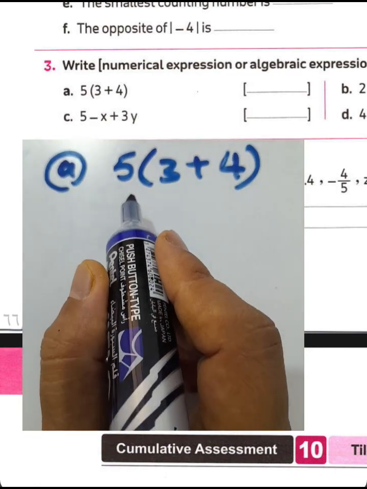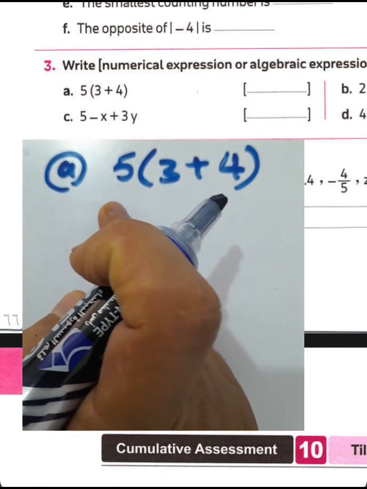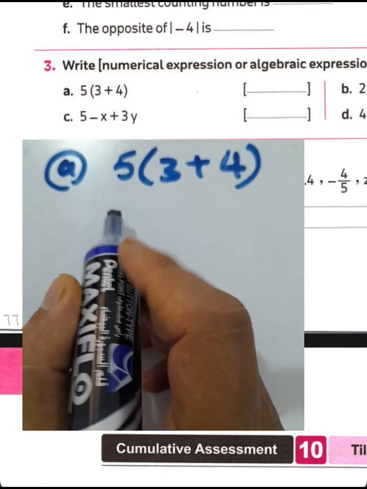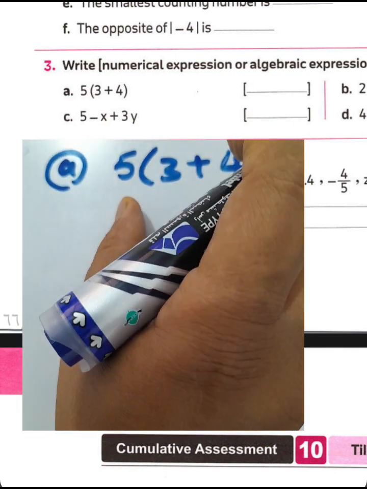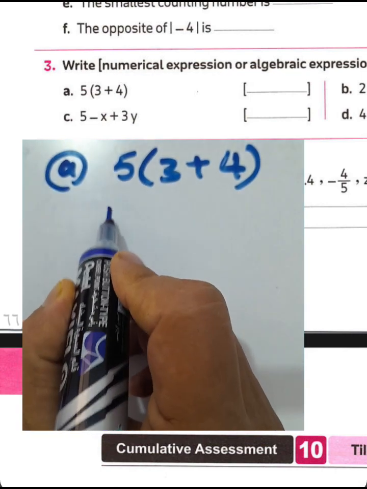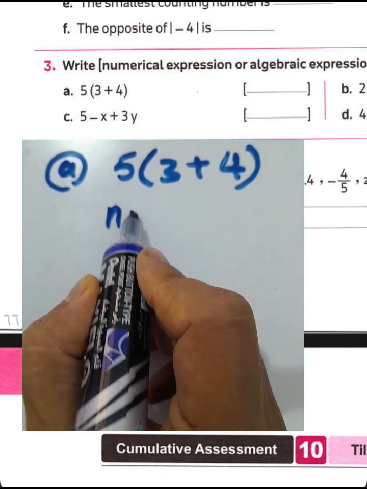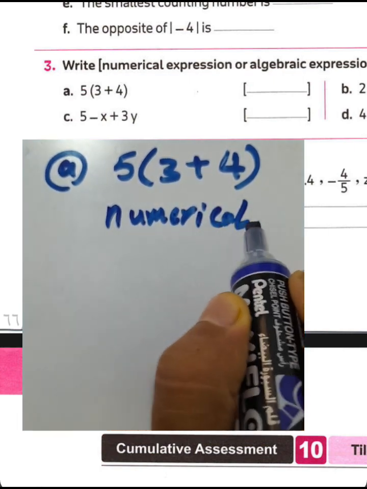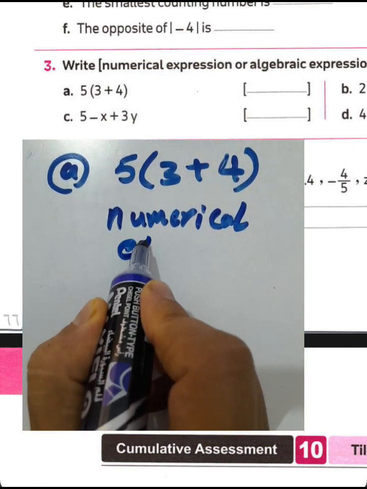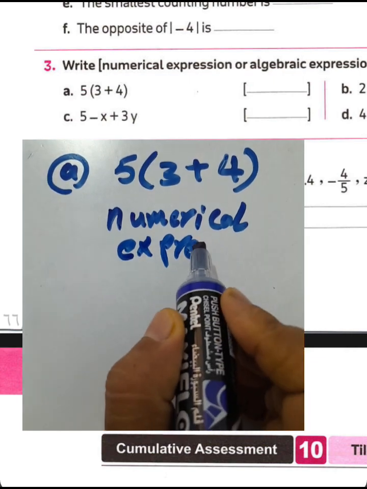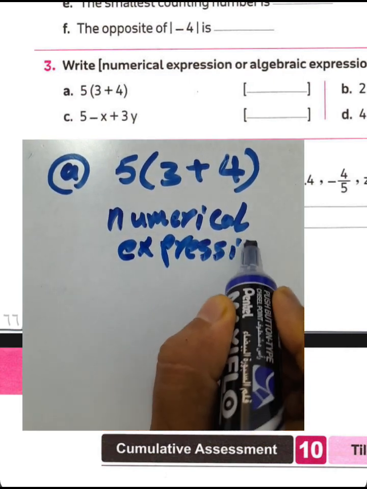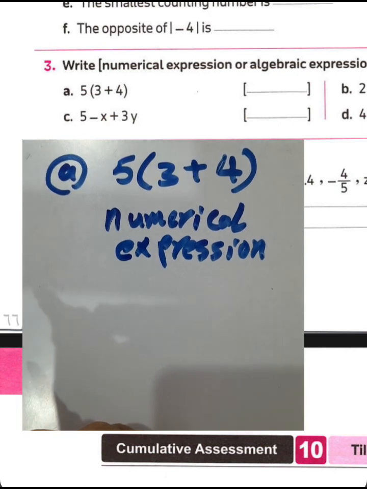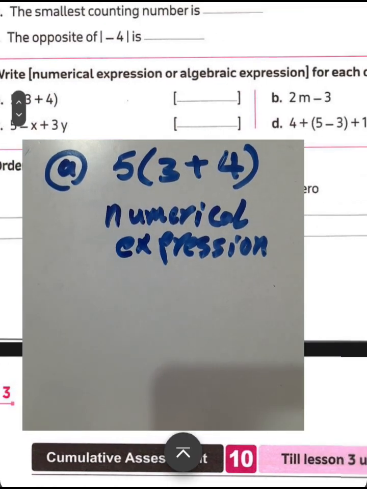So, question letter A, we can write numerical expression: 5 times 3 plus 4 in parentheses. Numerical expression. Understood? And what about letter B?